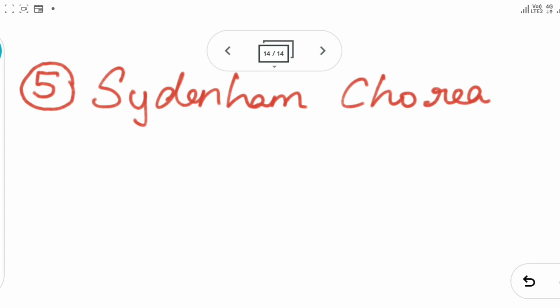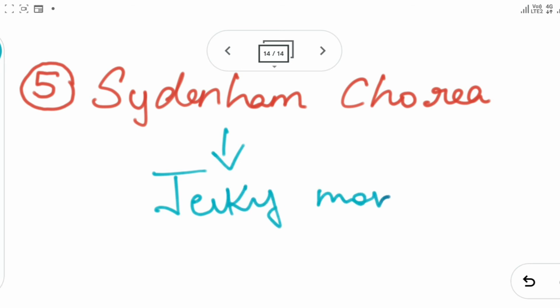The next feature is Sydenham chorea. This is also called the Saint Vitus dance, and this causes rapid, jerky movements of the face and arms.